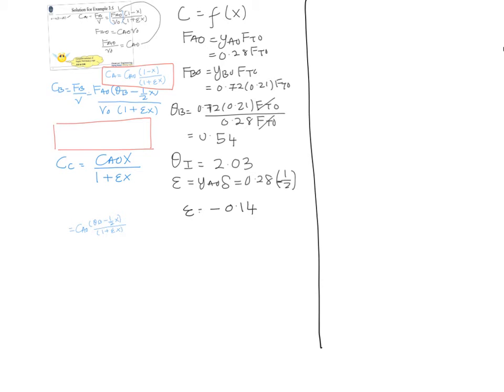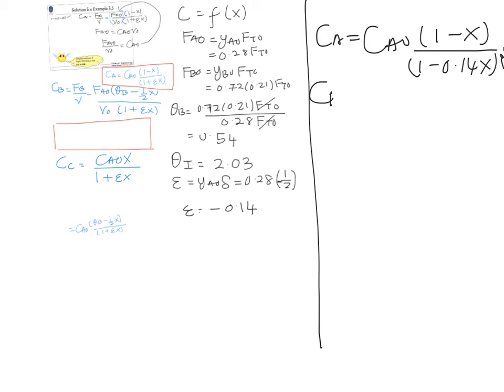So you will have CA equals CA0 times 1 minus X divided by 1 minus 0.14X. Your CB will be equal to CA0 times 0.54 minus X divided by 1 minus 0.14X.